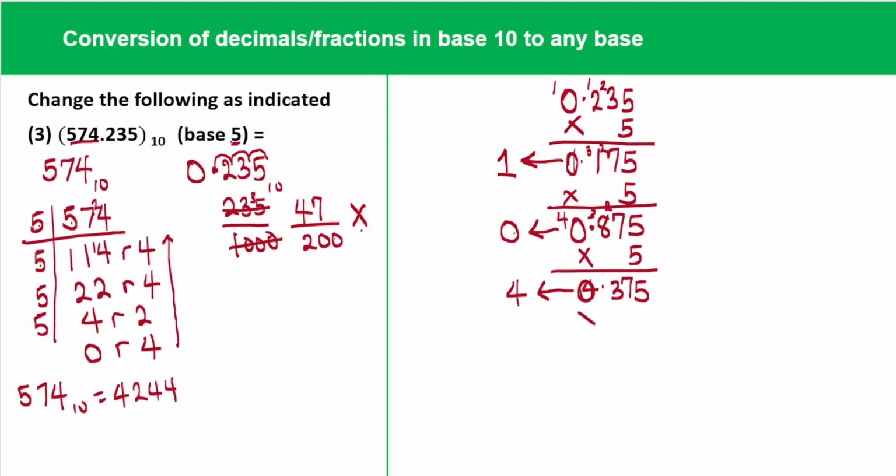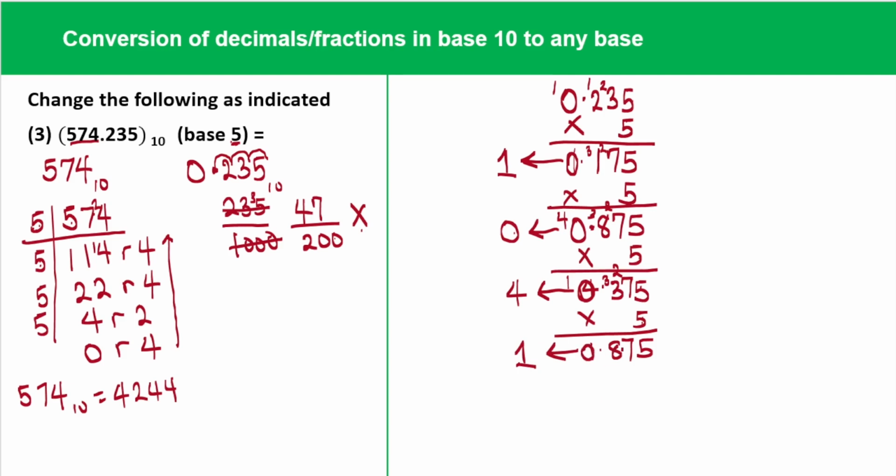Now we repeat the process again, that will be times 5. 5 times 5 again is 25, carry 2. 5 times 7 is 35 plus 2, that's 37, carry 3. 5 times 3 is 15 plus 3, that is 18, carry 1. 5 times 0 is 0 plus 1, that will be 1 point. So the one whole number, we move it out again and replace here with 0.